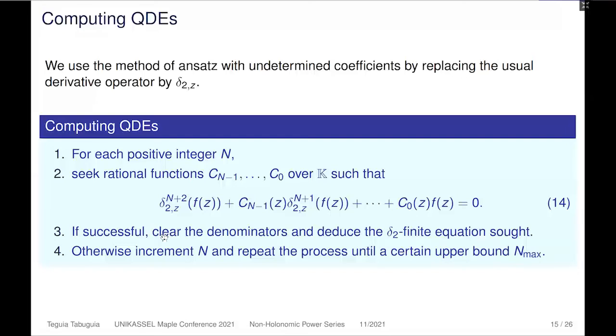If this is successful, we clear the denominators and return the delta 2 finite equation. Otherwise, the value of n is incremented and the process continues until a certain upper bound given by the user or fixed with a default value in the algorithm.